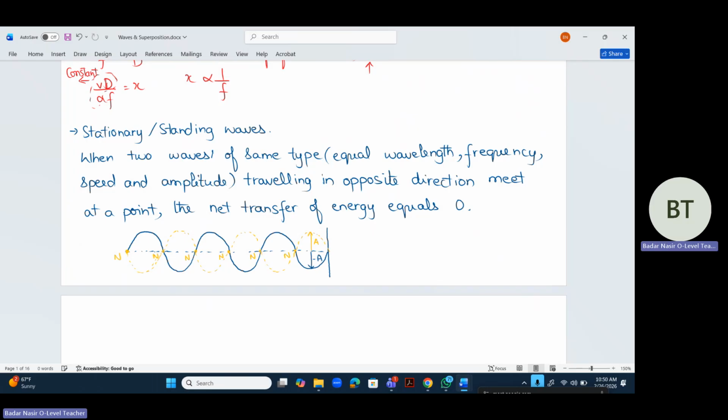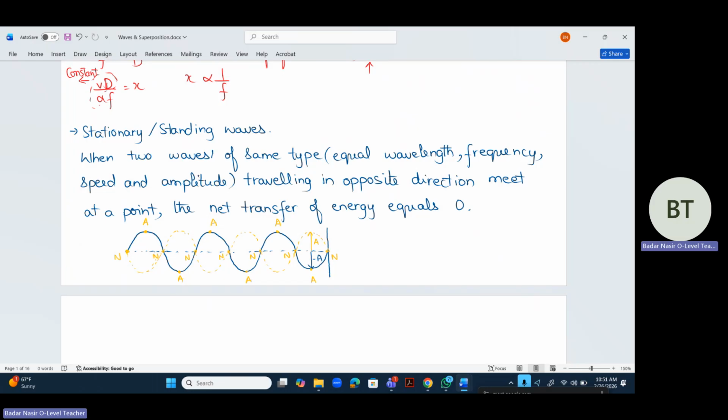So an antinode is these points. So this is an antinode. So these are the antinodes.